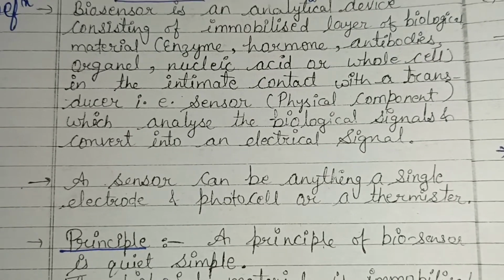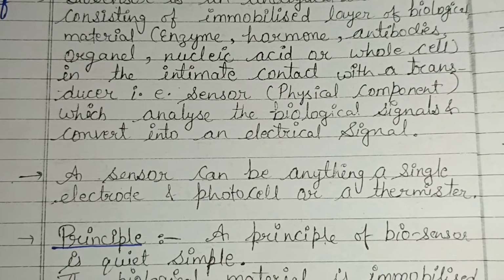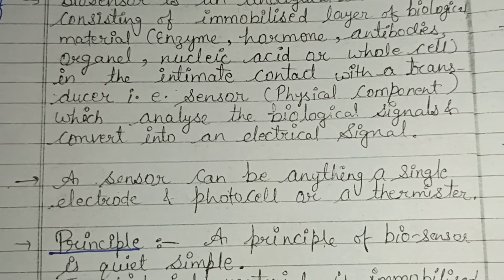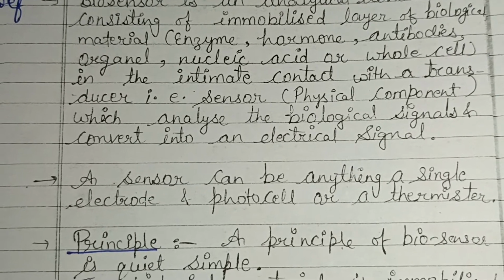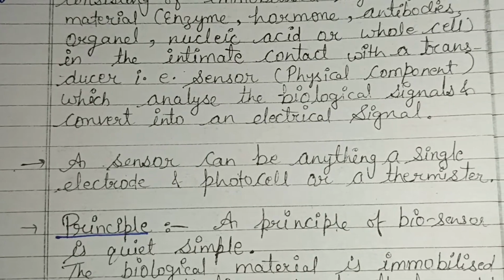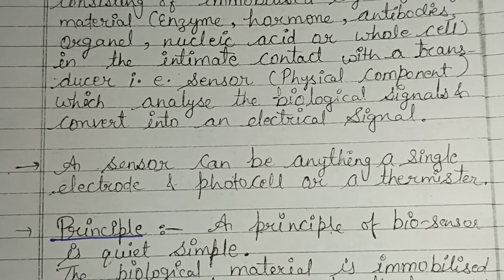So here a sensor can be anything, that is a single electrode, a photocell or a thermistor. So what we can say here is biosensor construction is a three-step process and it involves combining two elements with different characteristics.